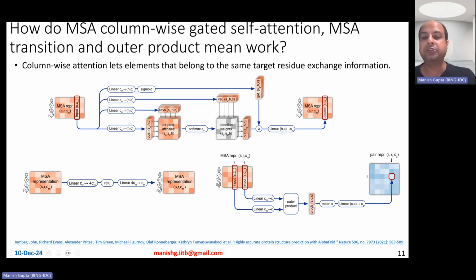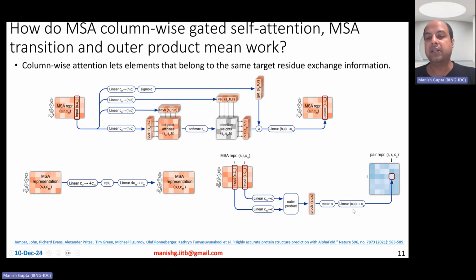Remember in matrices, if you have a vector 1 cross C and another vector C cross 1, you multiply and end up with a C cross C thing. The same thing happens here. You align on the S dimension, so there's an S cross C here and another S cross C here. You do the outer product, you get an S cross C cross C. Then you take a mean across sequences, and that gives you a C cross C.